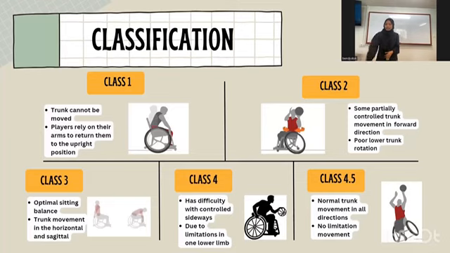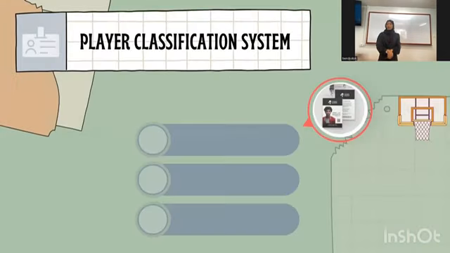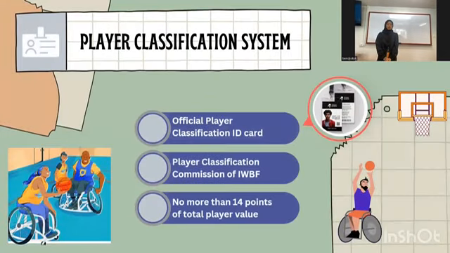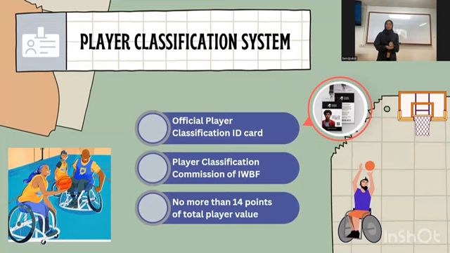Okay, next is the player classification system. So in order to play in the main official competition of the International Wheelchair Basketball Federation, each player must be in possession of an official player classification ID card. This ID card is issued by the Player Classification Commission of IWBF.